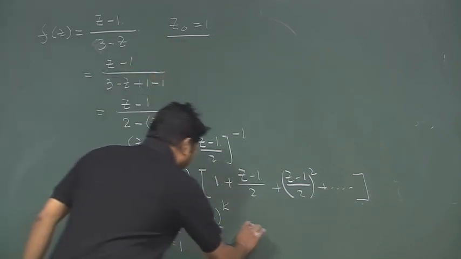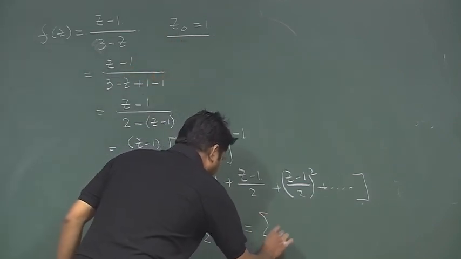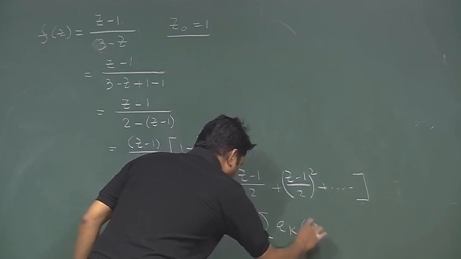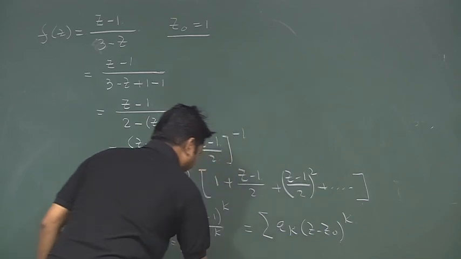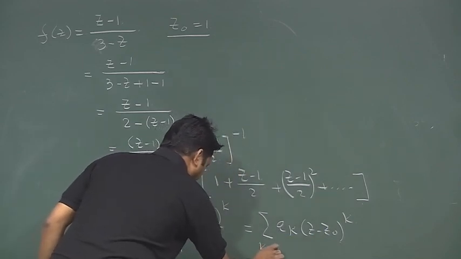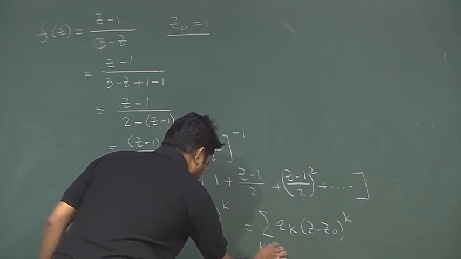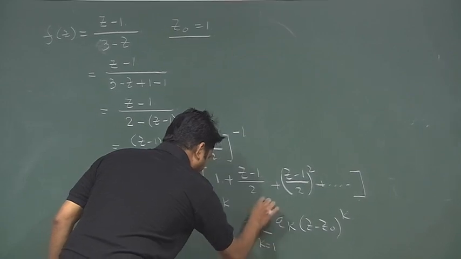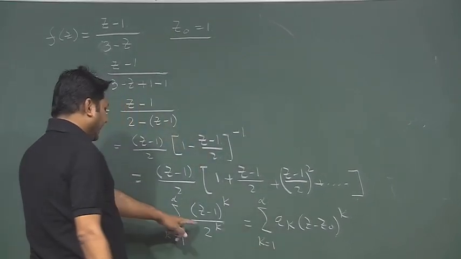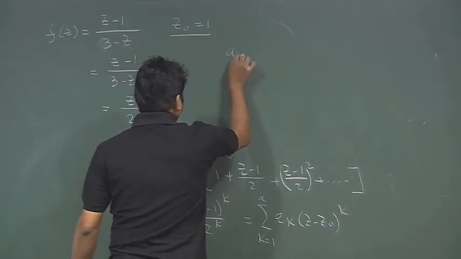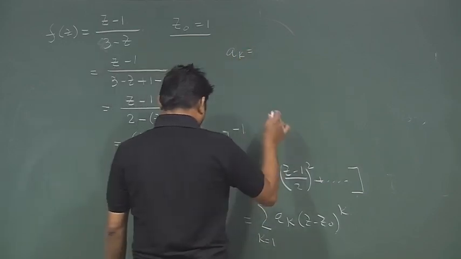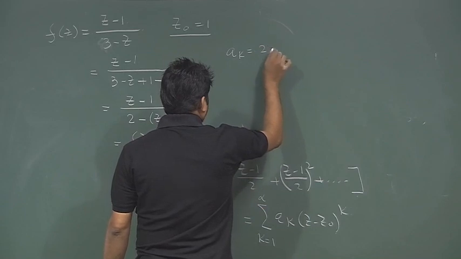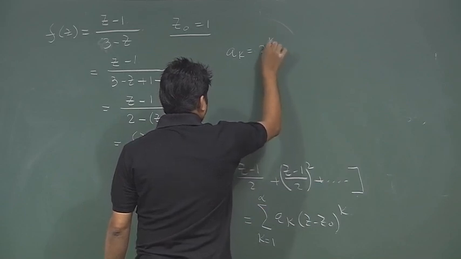So, again if I tally that with the power series, then my a_k comes out to be 1 by 2 to the power k.